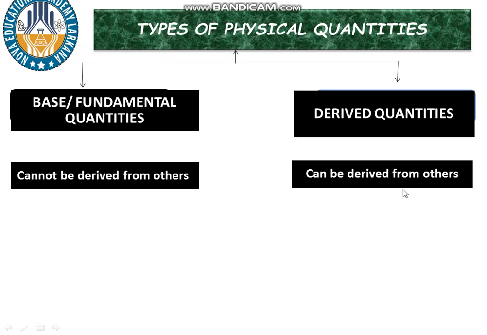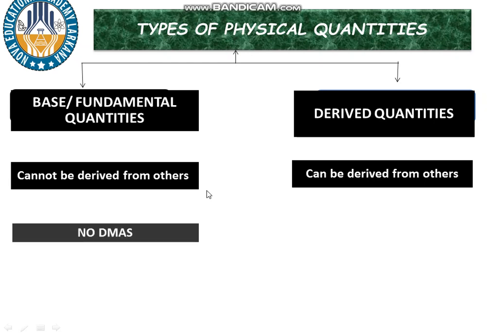It is not a hard and fast rule that derived quantities can only be derived through the base. They can be derived either from the base or fundamental quantities or from derived quantities. In the next example, we will clear that point.